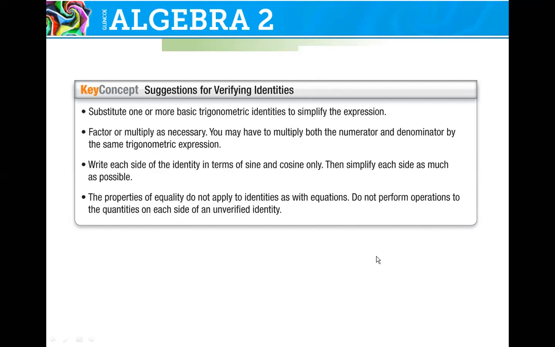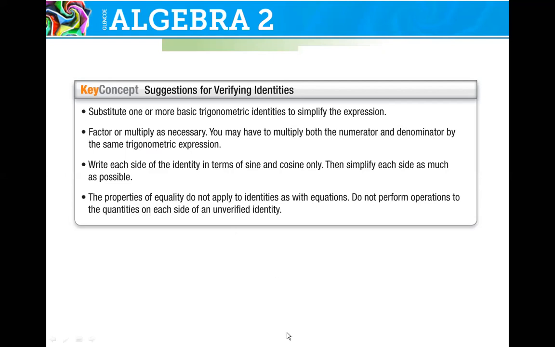Don't perform operations to the quantity in each side of an identity. It means if the identity has a big or complicated side equal to cosine, and I said verify, we can't use this as an equation. We don't deal with the identity as an equation.